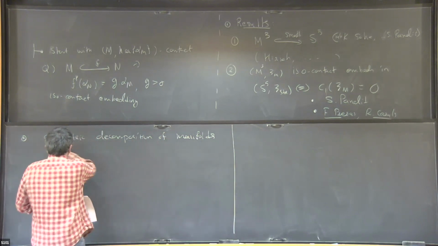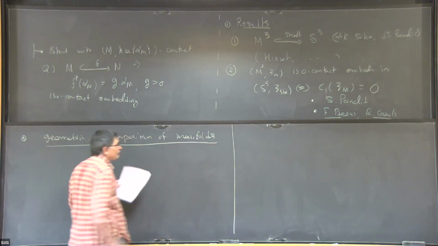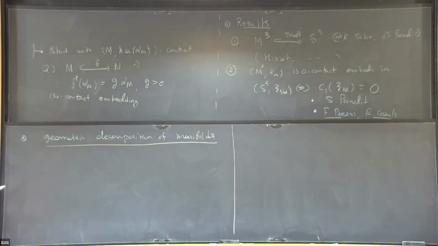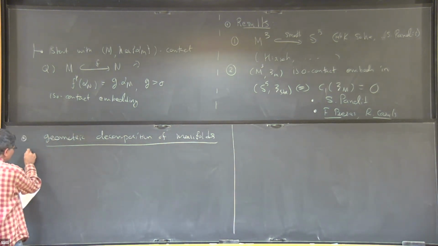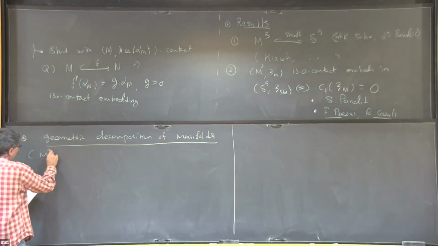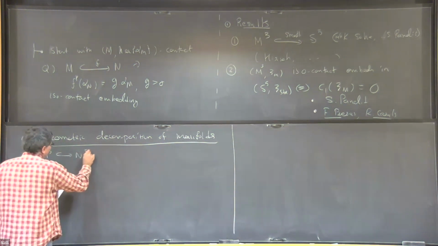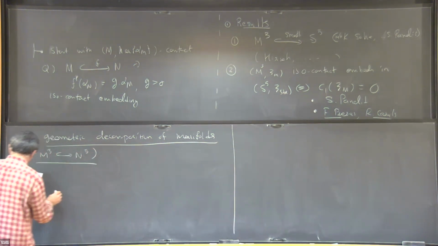So there are geometric decompositions of manifolds which are compatible with contact structures in the odd dimensional case and symplectic structure in the even dimensional case. And so let me just write the geometric structure for M3 inside N5. And the structure is this open book.